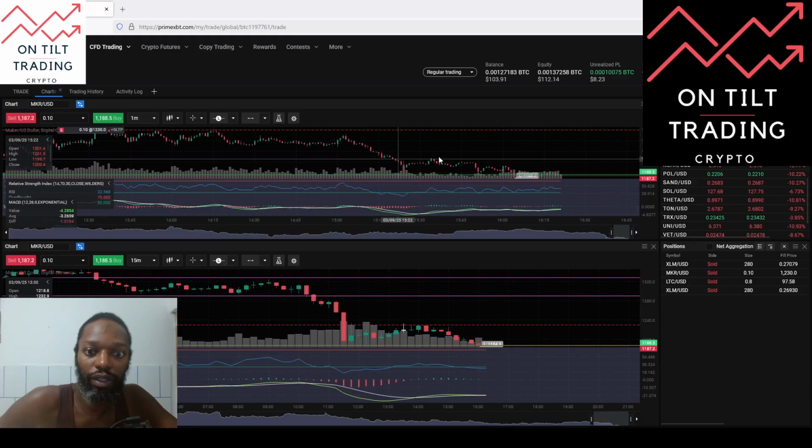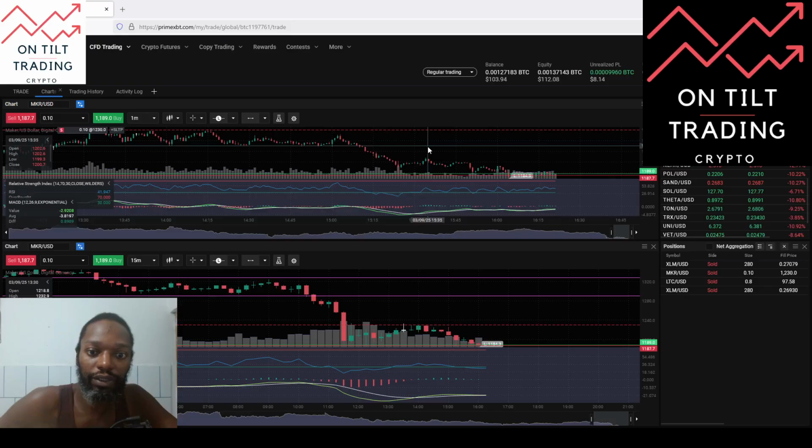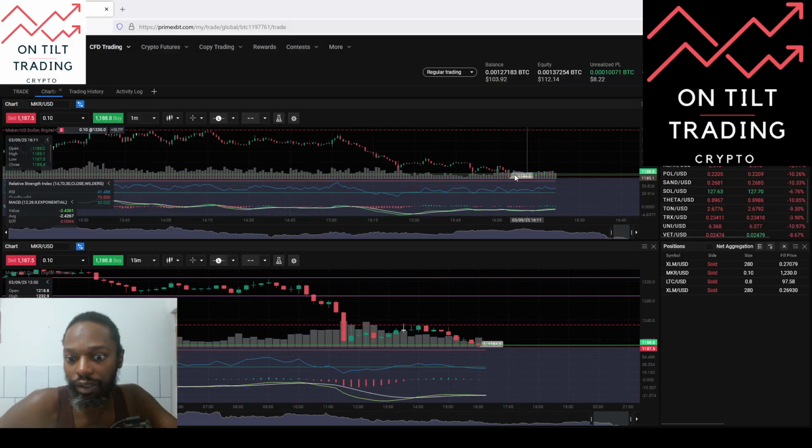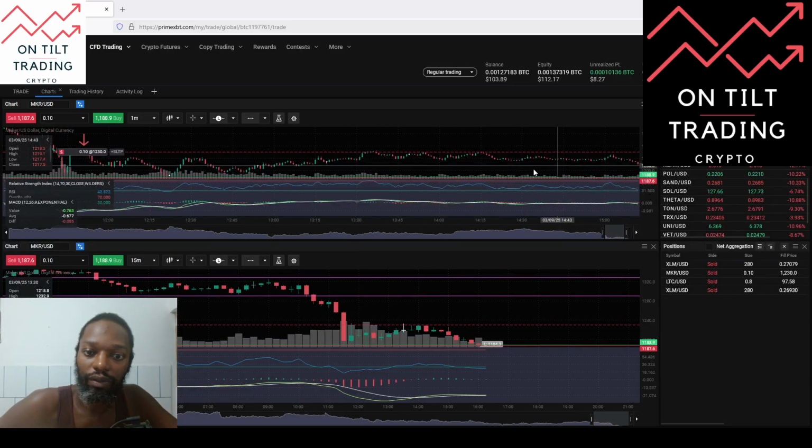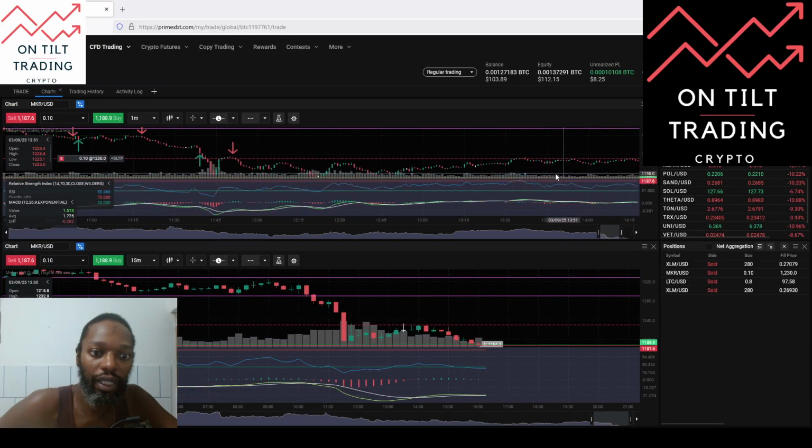And then sellers were able to take the price another leg down right here. And we can see here we're consolidating. We must be close to the pivot. It's doing a similar action as Litecoin was doing.